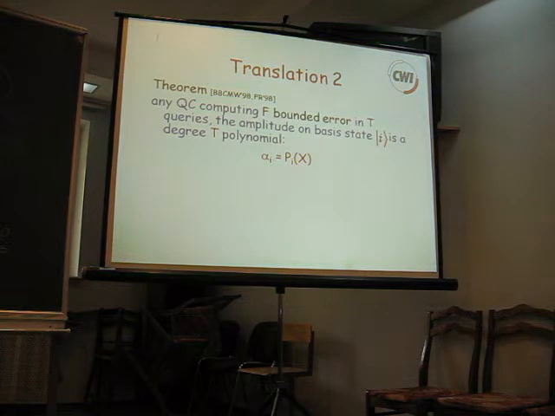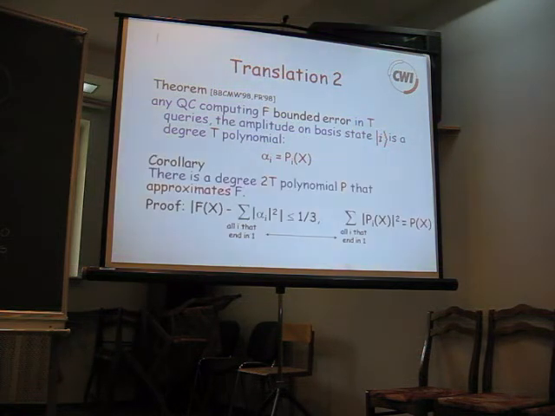Nothing changed, only the promise that the output bit is now not 1 or 0 anymore, but 2/3, at least 2/3. But now f is completely redundant in the theorem. Right? So you don't speak about f more, just for any quantum setting, independently of what it computes. It's just a polynomial. Yeah, but it's a polynomial, and if it makes t queries, it's a degree t polynomial, these amplitudes.